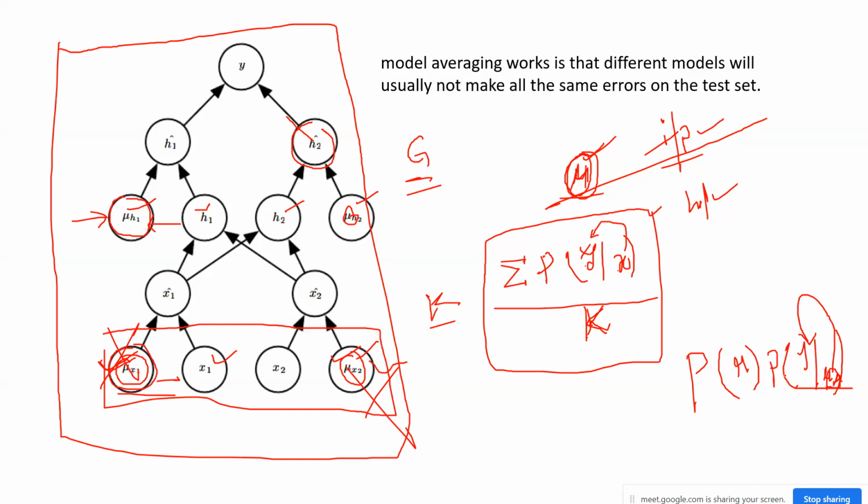Earlier it was without the random parameter; here we are using the random parameter mu. The random parameter mu is multiplied with the input unit, or it will be multiplied with hidden units. So like this we can apply the probability to generate the output in this whole process.